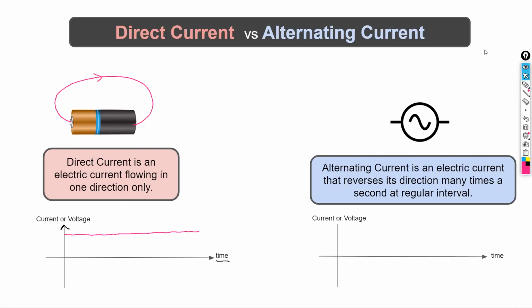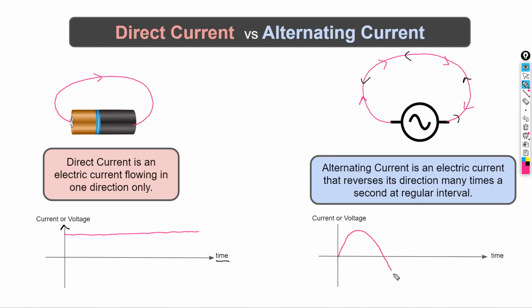But the opposite of a direct current, and this here is a symbol for an alternating current, is whenever you have a piece of wire and you connect it to something producing an alternating current, the current will flow one direction and then afterwards it will reverse directions. And this is how you draw it on graph paper, right?